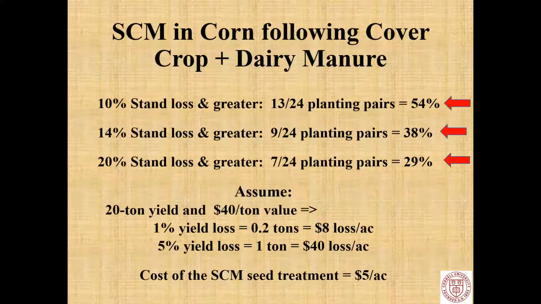Not surprising, we found that the losses from seed corn maggot increased. So if you use the 10% threshold, every other planting pair had significant stand loss. If we use the 15% threshold, almost 40% of our planting pairs had stand loss. And if we use the 20% threshold, almost 30%.